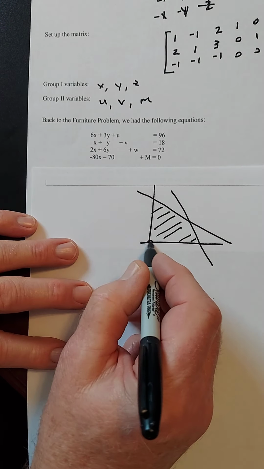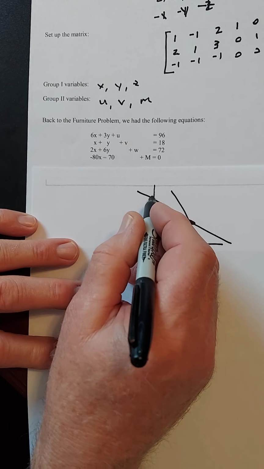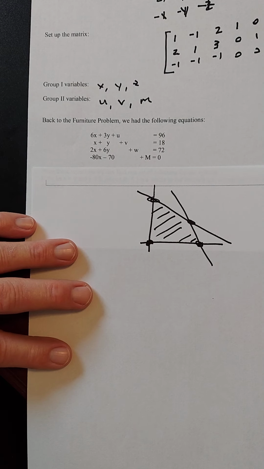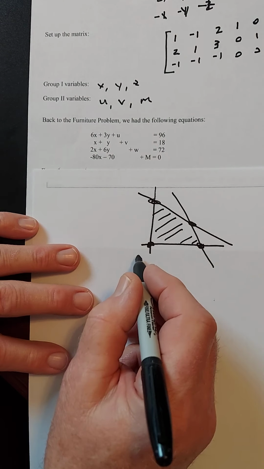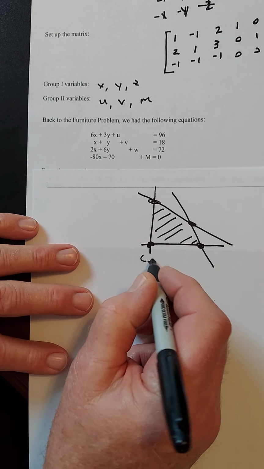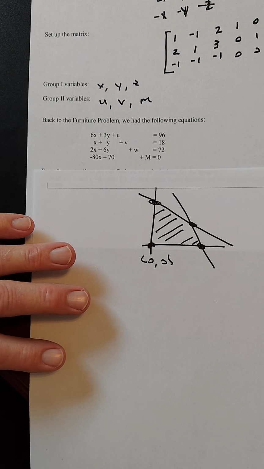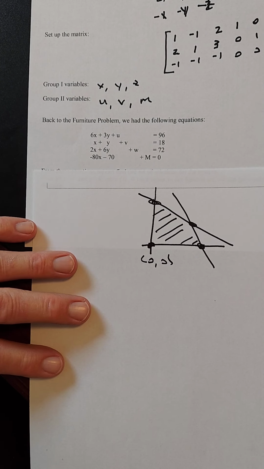And then we found the vertices. So I had 4 vertices. Okay. And out of those, if nothing else, you do know this one's going to be 0, 0, correct? You have no idea what those are, because I didn't even put any numbers, any scales or anything like that.